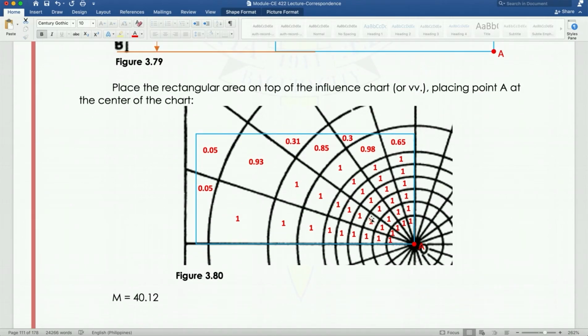Then, the next thing to do is to count kung ilan yung nakapasok sa ating area. So, ilang M. So, we have 40.12.